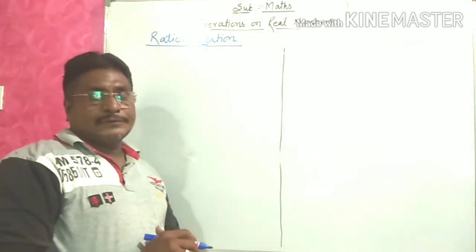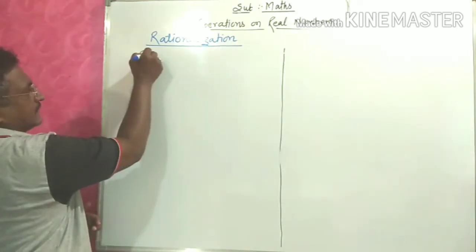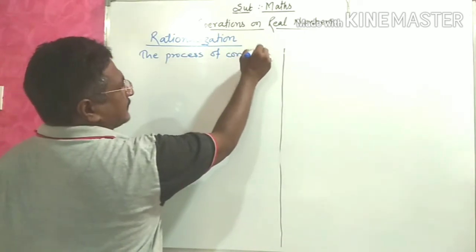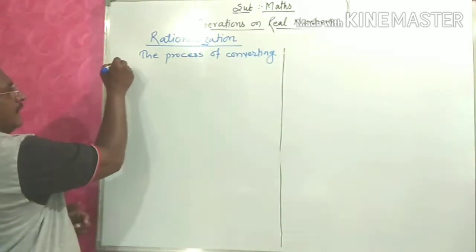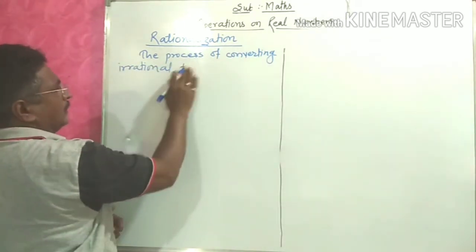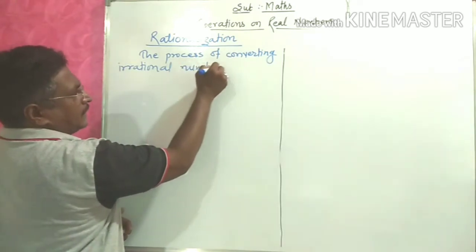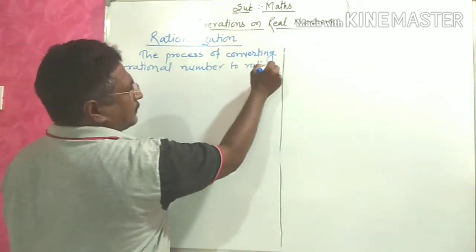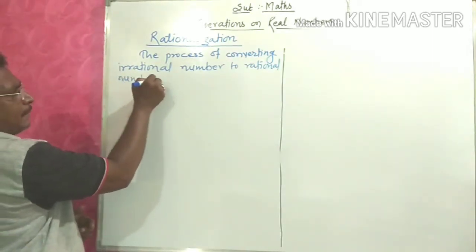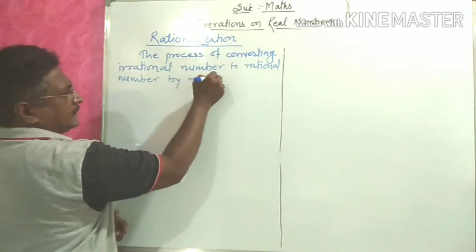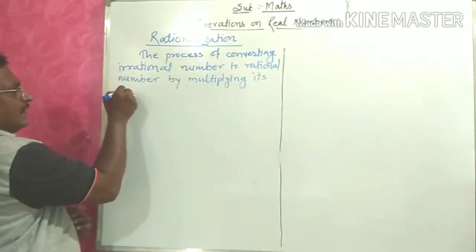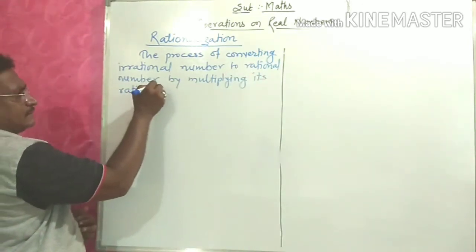Rationalization means the process of converting an irrational number to a rational number by multiplying by its rationalizing factor.